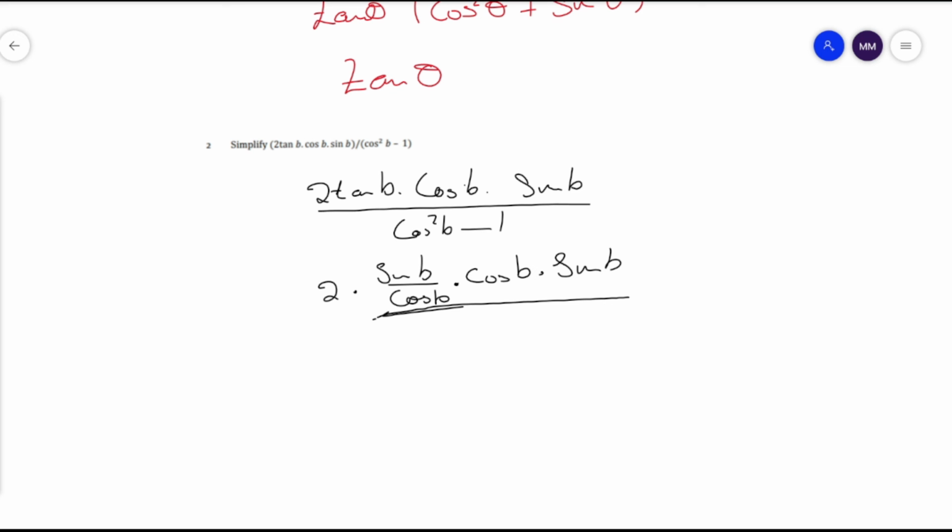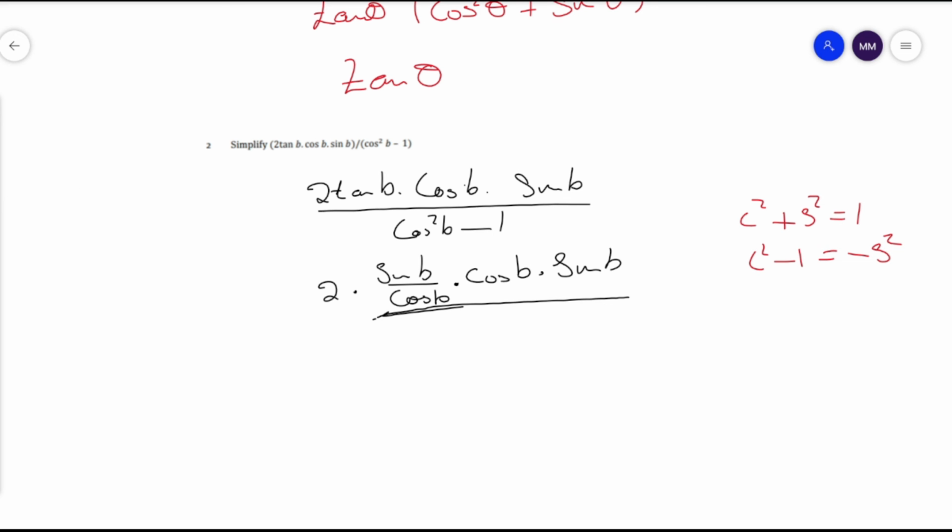this here, which is a trig identity. Remember the square identity, which says that cos squared plus sine squared equals 1. So in this case, we have cos squared minus 1 equals minus sine squared.